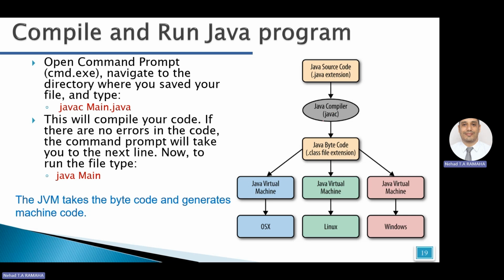The Java compiler takes the source code, the Java code, and compiles it not into machine code or object code, which is machine language. It compiles it to something in the middle called Java bytecode, which is a .class file.